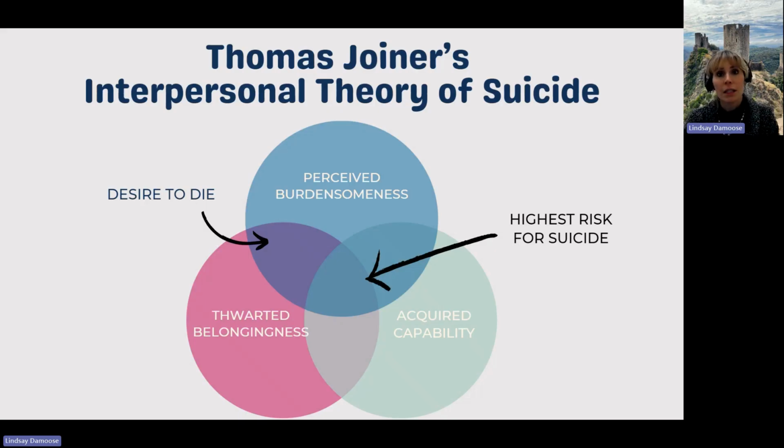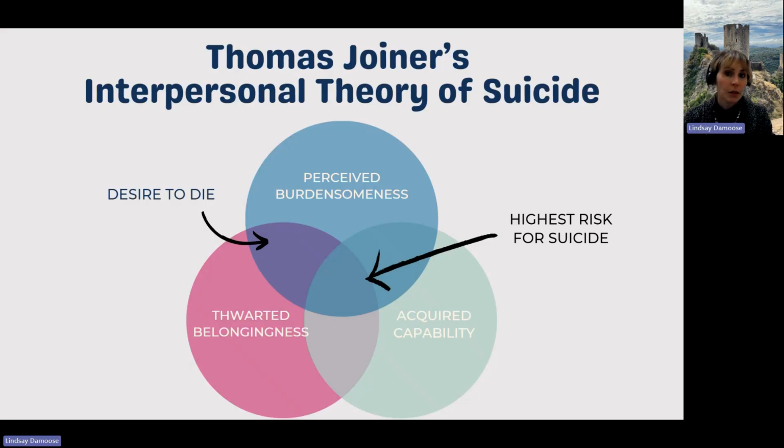But when it comes down to imminent risk, that's not there. Until somebody starts to actually disconnect from the potential pain that a suicide attempt would cause, I'm not worried about them going out and leaving the session or discharging from the hospital and attempting suicide.